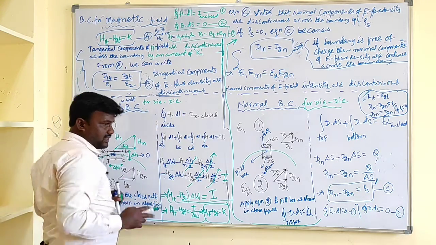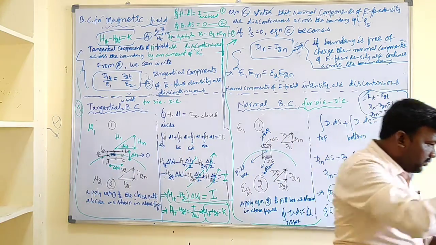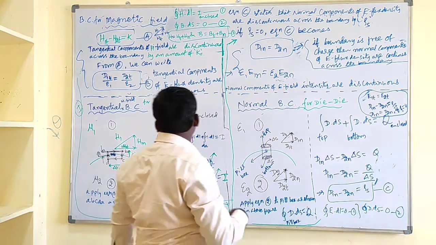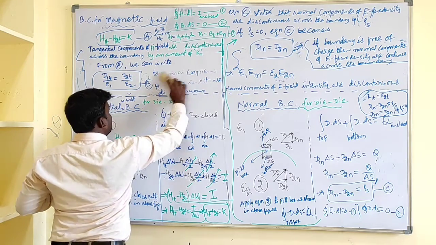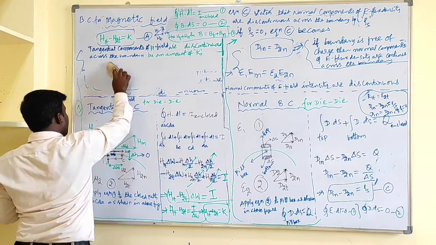So this is one special case, H1T minus H2T equal to K. If the boundary is free of current, we can take a special case.